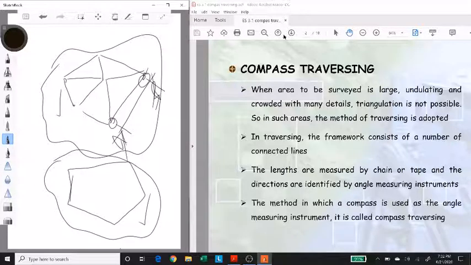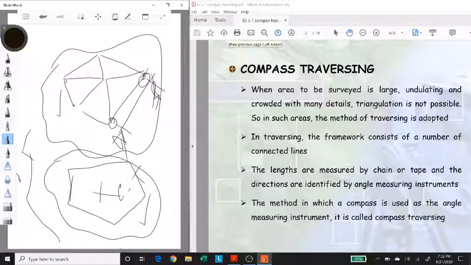The closed traverse is also called a loop, which I have drawn over here. And the open traverse would be just a series of lines that don't connect with each other, so they don't form a loop. So this would be an open traverse, and this would be a closed traverse.